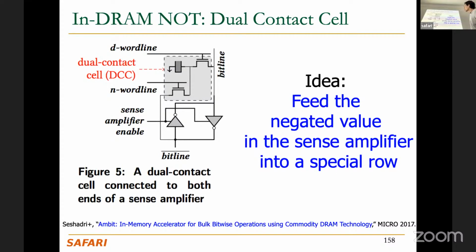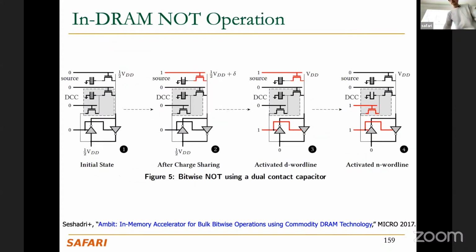performing the NOT operation as well. Because now if we have AND, OR, and NOT, we have a functionally complete set, and with this functionally complete set, we can perform any other more complex operation, as you know. The basic idea for the NOT operation is that in each DRAM subarray, we integrate one so-called row of dual contact cells.